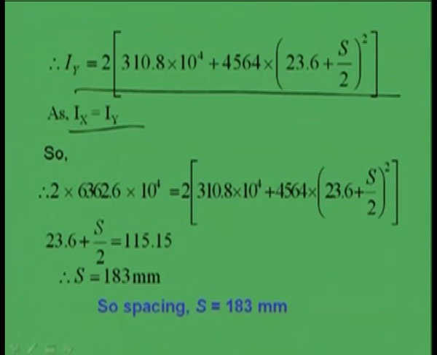Ix is 2 into 6362.6 into 10 to the 4 and Iy is 2 into 310.8 into 10 to the 4, which is Iyy plus area A into Cyy plus S by 2 whole square. From this, 23.6 plus S by 2 is equal to this, and S is becoming 183 millimeter. In this way, we are getting the spacing as 183 millimeter.